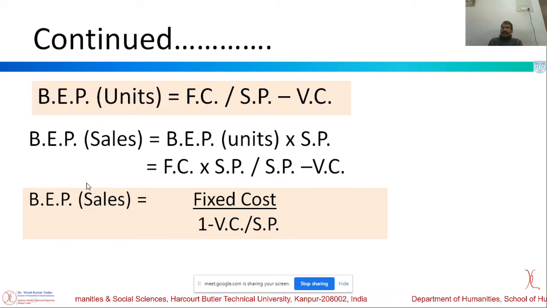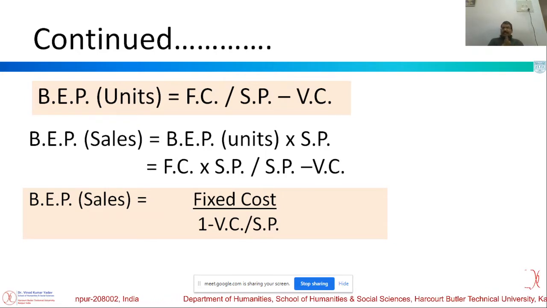Sales, when you talk about it in terms of units, is called volume. So here it will be the profit volume ratio. So when you do not take it at break even, it becomes profit volume sales analysis.